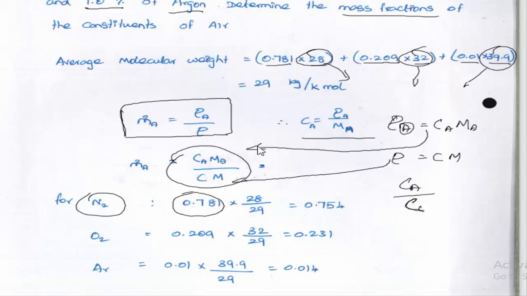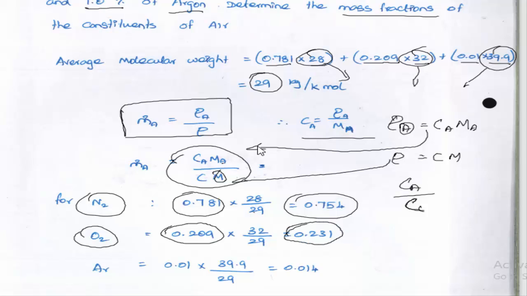The average molecular weight M we found here is 29. Substituting, the mass fraction of nitrogen is 0.754, right? For oxygen, C_A divided by C is 0.209, the molecular weight of oxygen is 32, and the average molecular weight is 29, so it comes to 0.231. Similarly, you find the value for argon.